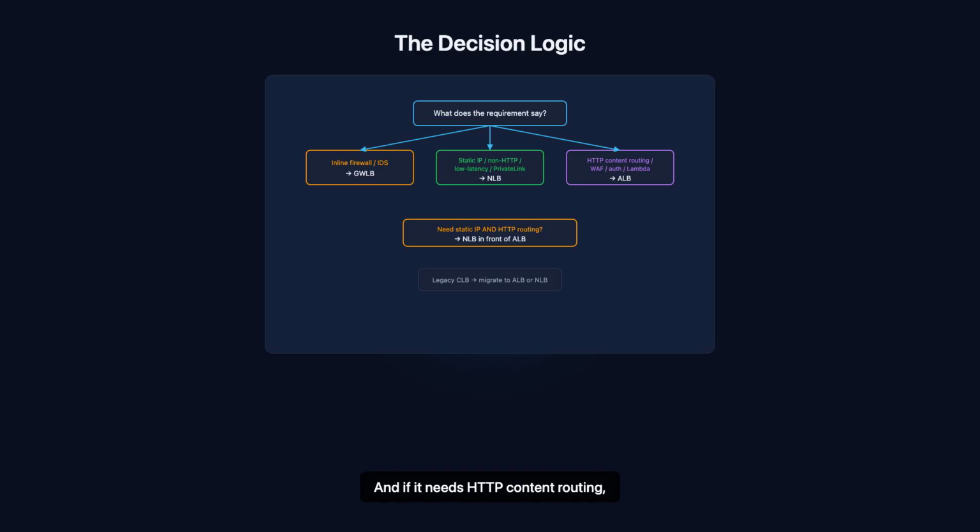And if it needs HTTP content routing, WAF, authentication, or Lambda targets, that's the application load balancer. When it demands a static IP and HTTP routing together, combine them: network load balancer in front of application load balancer. And if you ever see a classic load balancer offered, migrate away from it to a modern type.